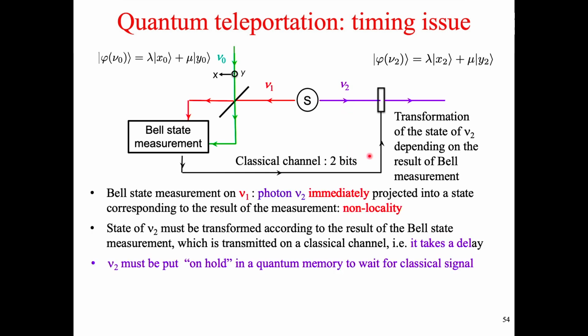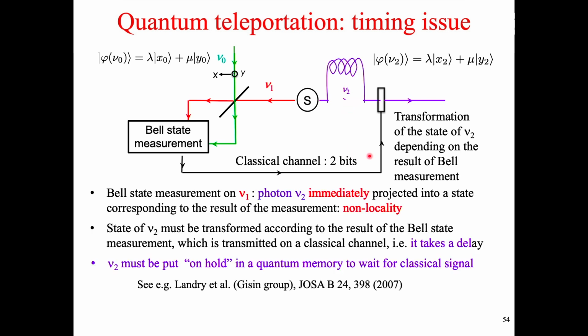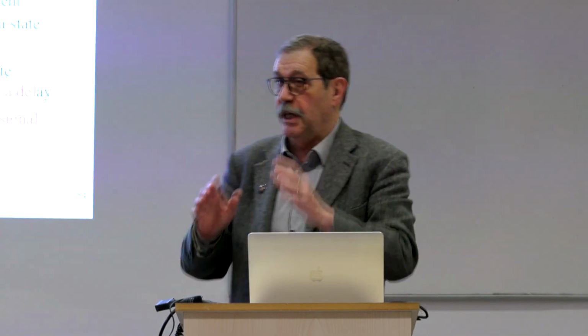And this is what Nicolas Gisin has done by adding a long optical fiber. But most of the people who claim that they have done quantum teleportation don't do that. They cheat, in a sense, because they post-select only cases where you don't need to transform. Read the paper.